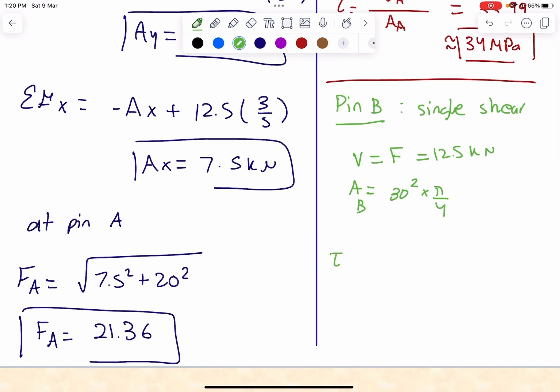So the tau average at B, the average shear stress, is equal to 12.5 over the area, which is this area. We get it to be 17.68 megapascal.